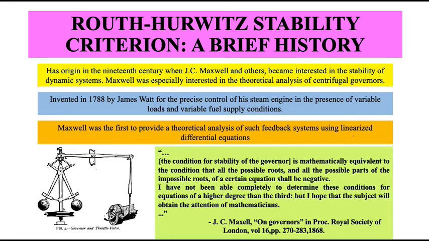And then Maxwell could do this for a third order equation. He said, I have not been able to completely determine these conditions for an equation of higher degree than the third. And then he posed his problem to a set of mathematicians.